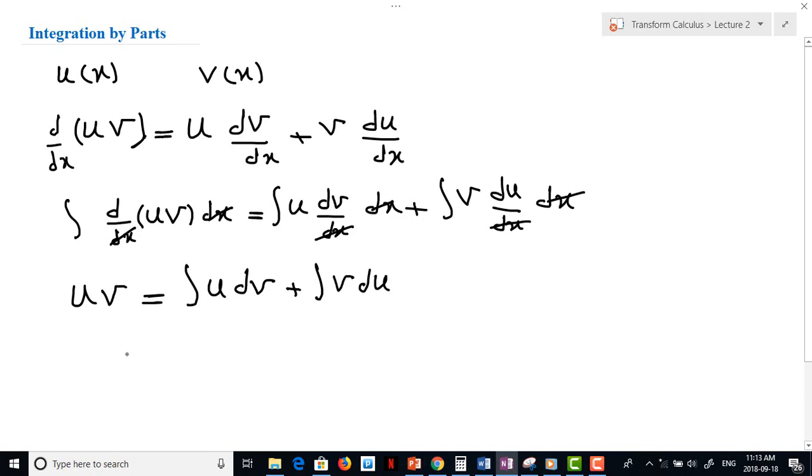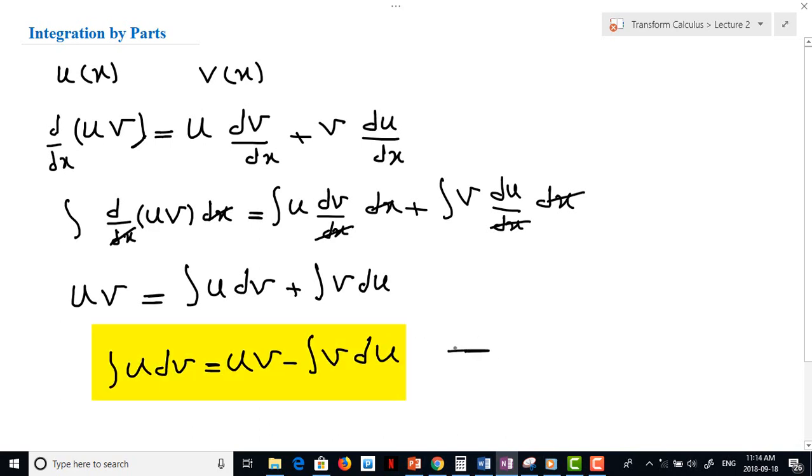As a result, I can say that the integral of u dv is equal to uv minus the integral of v du. So this equation is the equation of integration by parts.